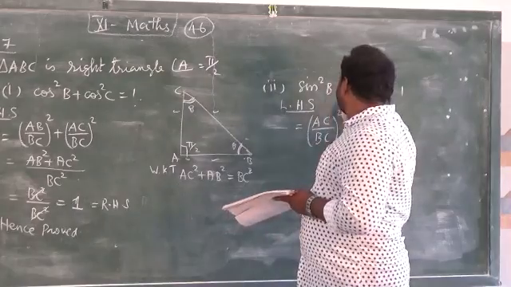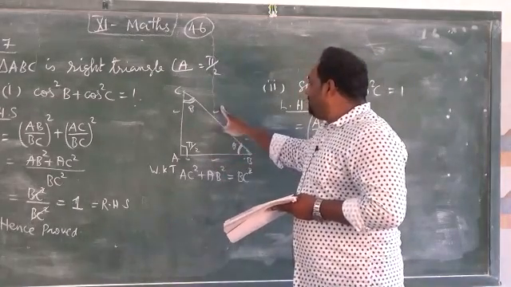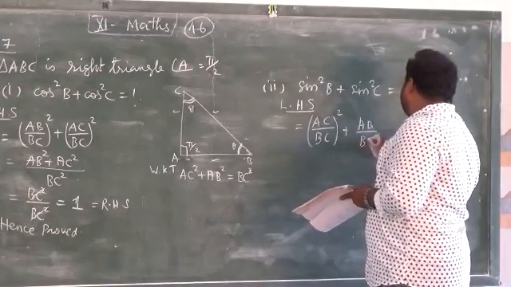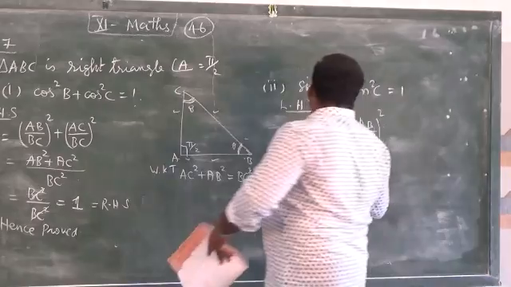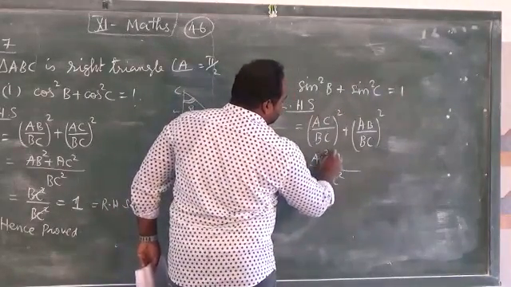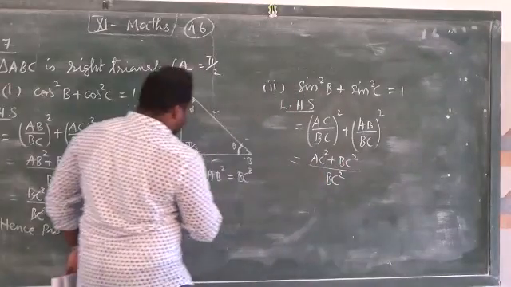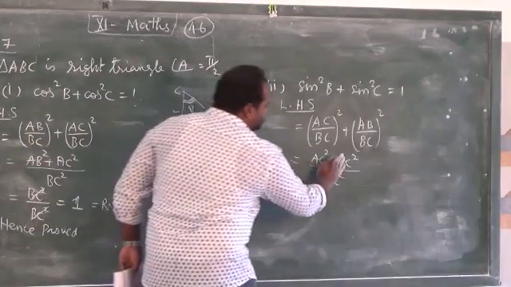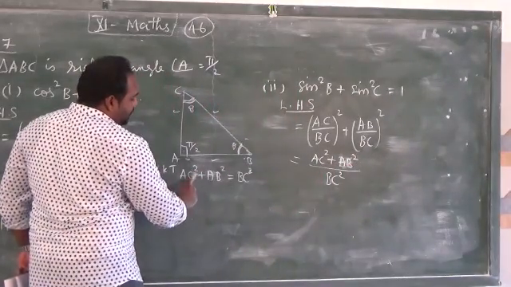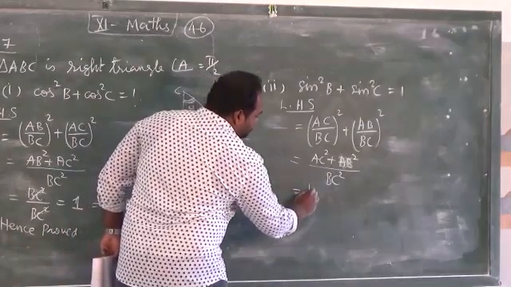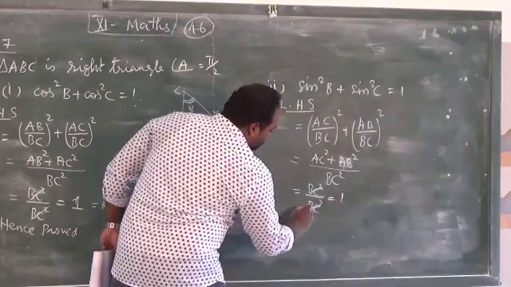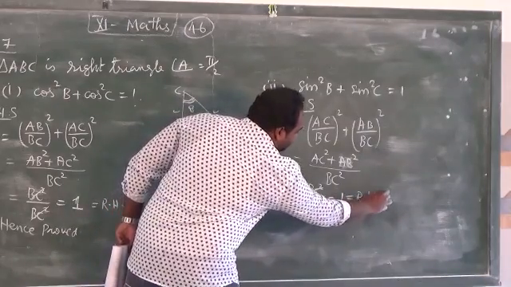What is sin function? Opposite by hypotenuse. Opposite side is AB. AB by BC whole square. Now common denominator is BC square. Numerator AC square plus AB square. We know that AC square plus AB square is BC square. BC square by BC square, cancellation 1 equal to RHS side. Hence proved.